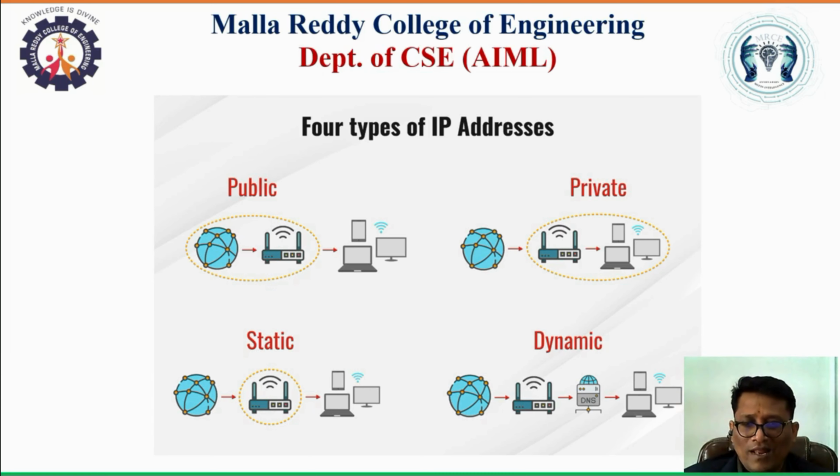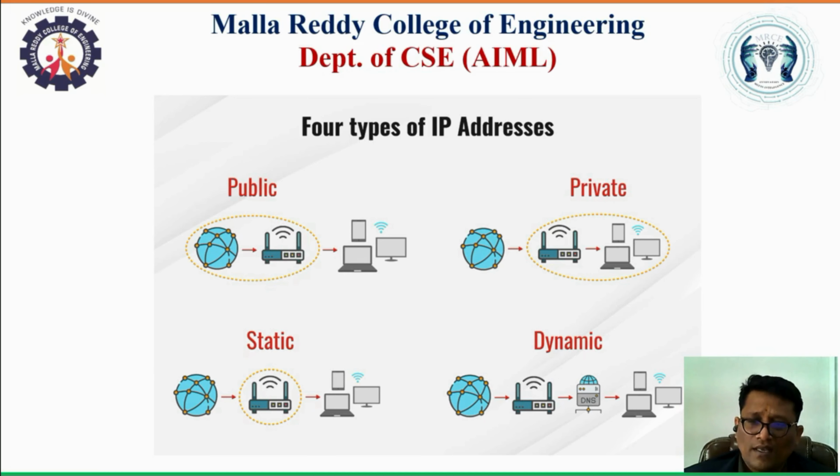So obviously, the router will assign one private IP address to each device connected to the router or modem. That IP address comes under your circle only. It will not go beyond that, to the global network or the ISP, the internet service provider. That IP address will be generated by the router, not by the internet service provider. That is called a private IP address.